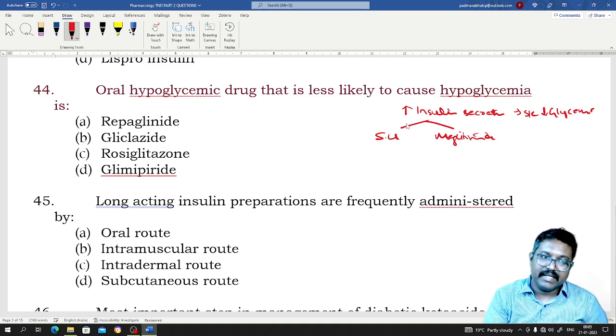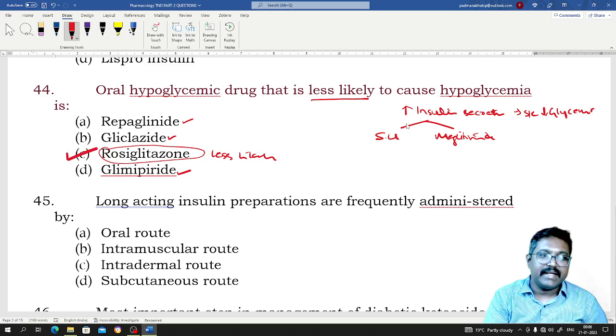We have repaglinide, etc. Here glimepiride and gliclazide are sulfonylureas, whereas repaglinide is a meglitinide. Rosiglitazone is the drug which needs to be chosen for this question, as it is less likely to cause hypoglycemia. So rosiglitazone is the right answer here.